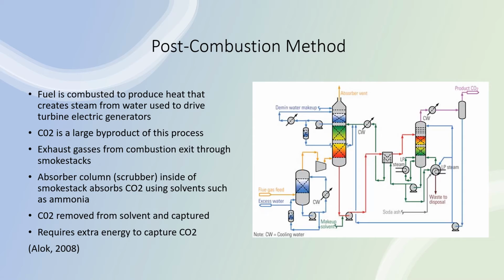CO2 removed from the solvent is captured, and this process requires extra energy to complete all of the carbon capture. And then once it's captured, it can be pressurized and transported to where it needs to be.